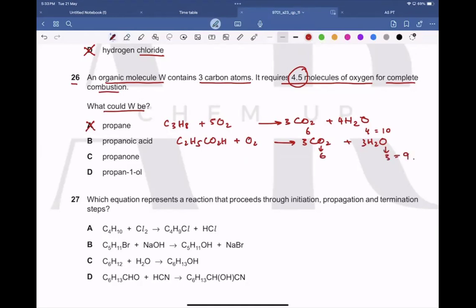So there are 9 oxygens, and 2 oxygens are already there. If I remove 2 from 9, I'm left with 7. So 7 over 2 makes it 3.5. So I need 3.5 moles of oxygen. So that's why B goes wrong as well.